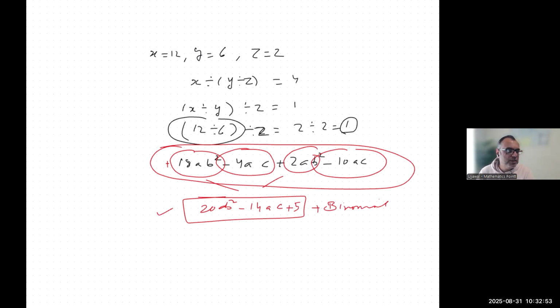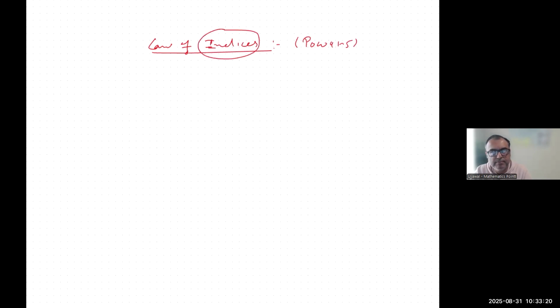Let's go to the next page now. And now we are going to learn two laws of indices or powers. Two laws of powers. If you're not familiar with this term indices, call it the law of powers.